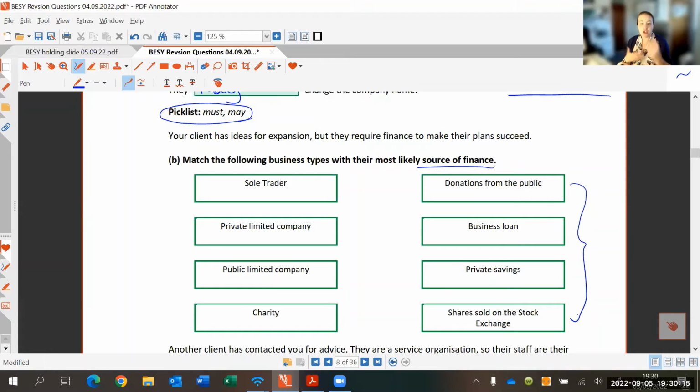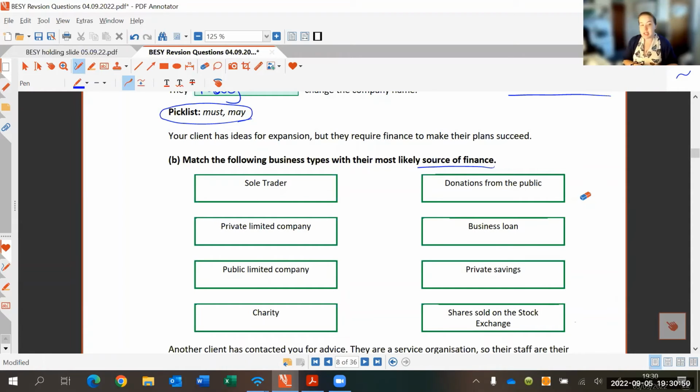What we have to do for a question like this is know which of these sources of getting additional money each company can, or more importantly, which ones they can't access, because some of them are limited to particular types of business. We've got 4 types of businesses on the left-hand side: our sole trader, our private limited company, a public limited company, and a charity.